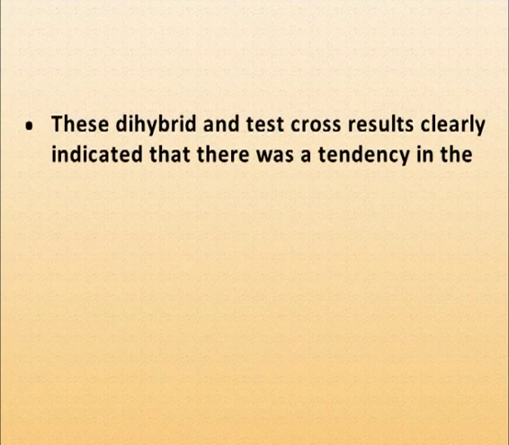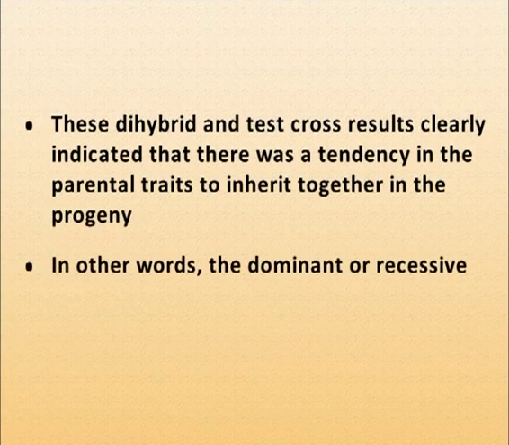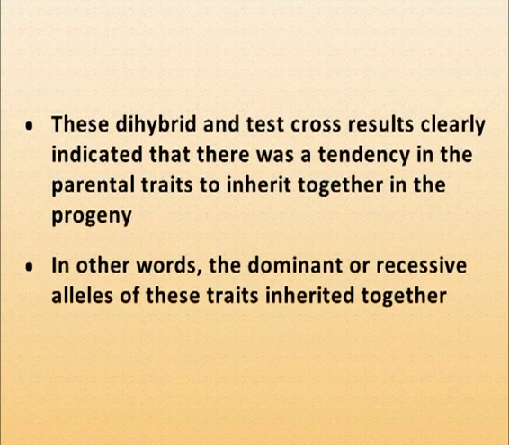These dihybrid and test cross results clearly indicated that there was a tendency in the parental traits to inherit together in the progeny. In other words, the dominant or recessive alleles of these traits inherited together in the progeny.